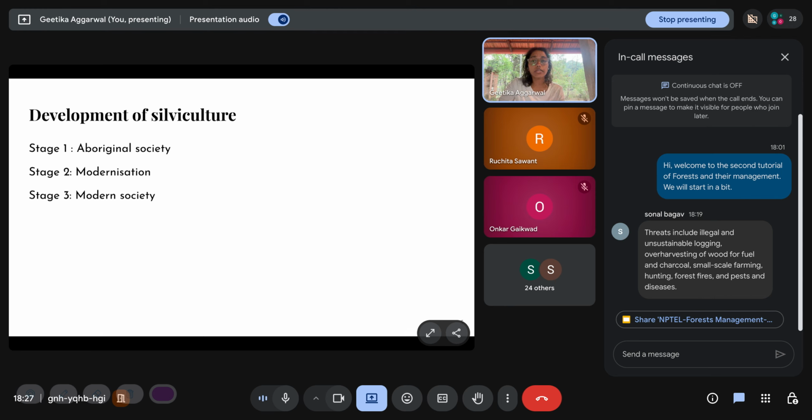They mostly wanted to take resources for themselves. So they came in with that again, and so we went back to the modernization era, where we are extracting resources in an unsustainable or an uncontrolled fashion. Okay, so these are the different stages of silviculture, and how we have reached today where we are scientifically practicing silviculture.